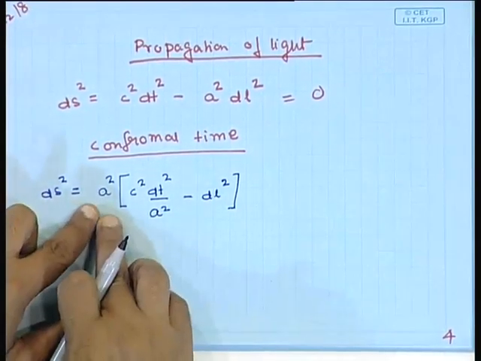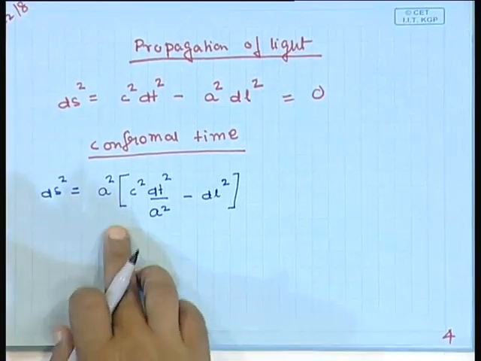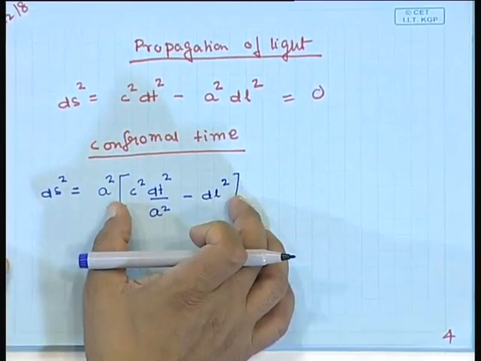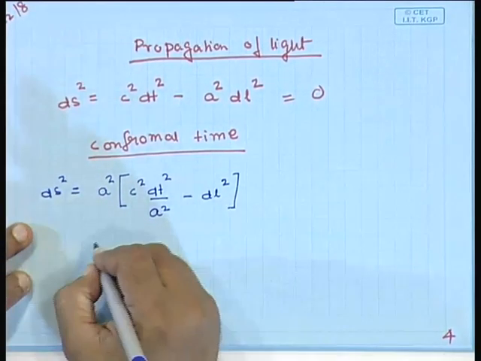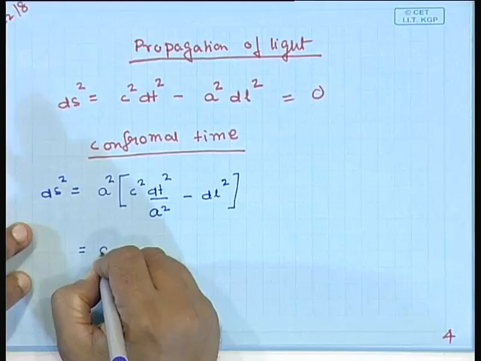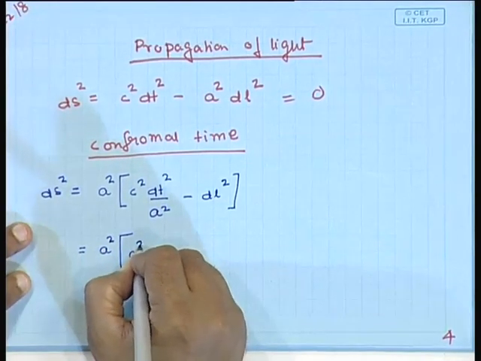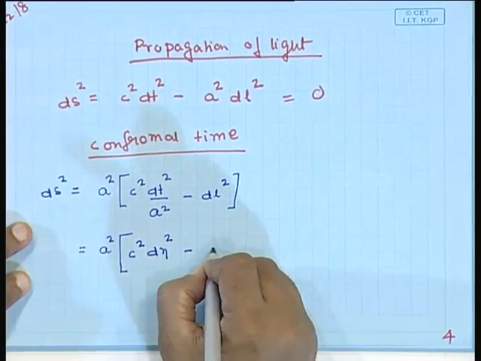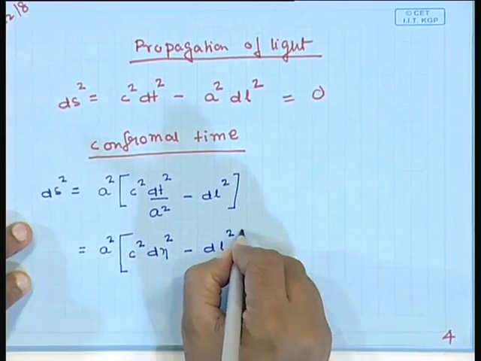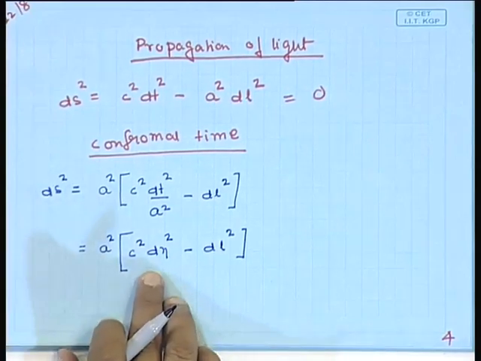I have taken the scale factor as a conformal factor. A factor which multiplies the overall line element can be thought of as a conformal factor. We can write this as a square [c square d eta square minus dl square], and this eta is the conformal time.